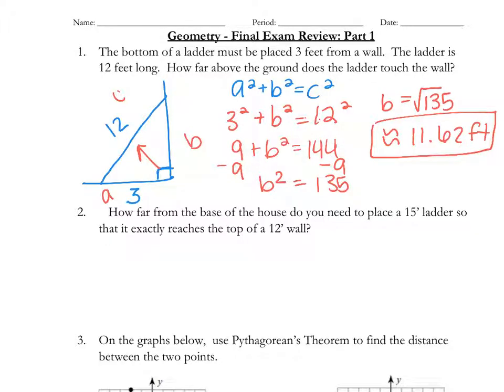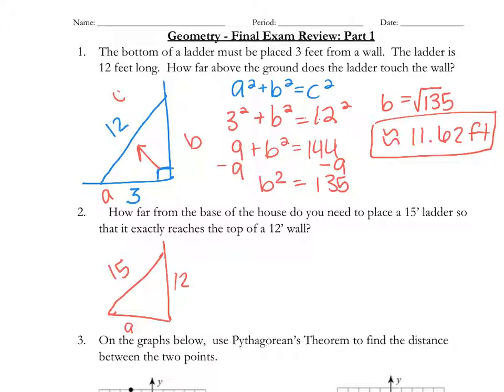Again, we're doing the same thing on question 2, except this time it says, how far from the base of a house do you need to place a 15-foot ladder so that it exactly reaches the top of a 12-foot wall? So my wall is 12 feet. I don't know my base down here, and I know my ladder is 15 feet long.